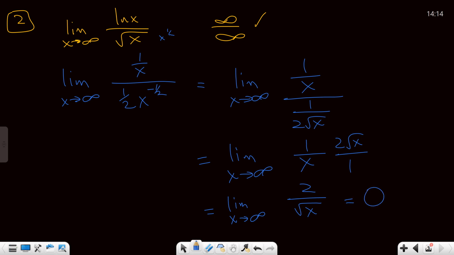As the denominator gets very, very big and the numerator stays constant, the number gets closer to 0. 1 over 10, 1 over 1,000, 1 over 1,000,000, 1 over 10 million. Smaller and smaller until it approaches 0. So hopefully the concept of L'Hopital's is pretty straightforward.